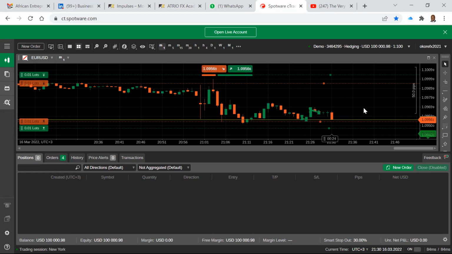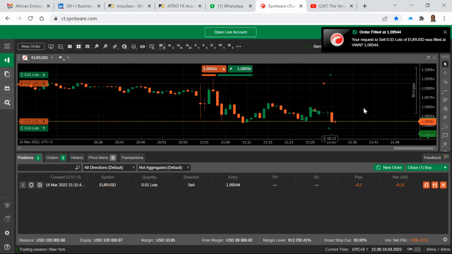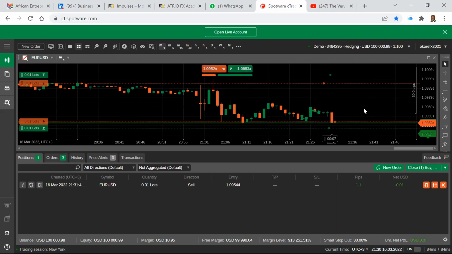Okay, so there are two pending orders: a buy and a sell. If they are pending buy orders, they are called either a buy limit or a buy stop. And if they are a sell, the same thing: a sell limit and a sell stop.